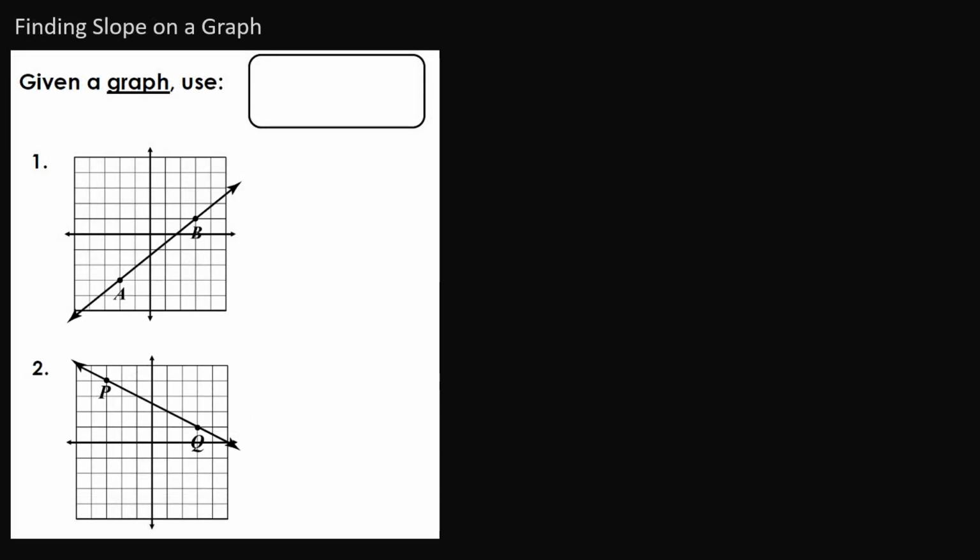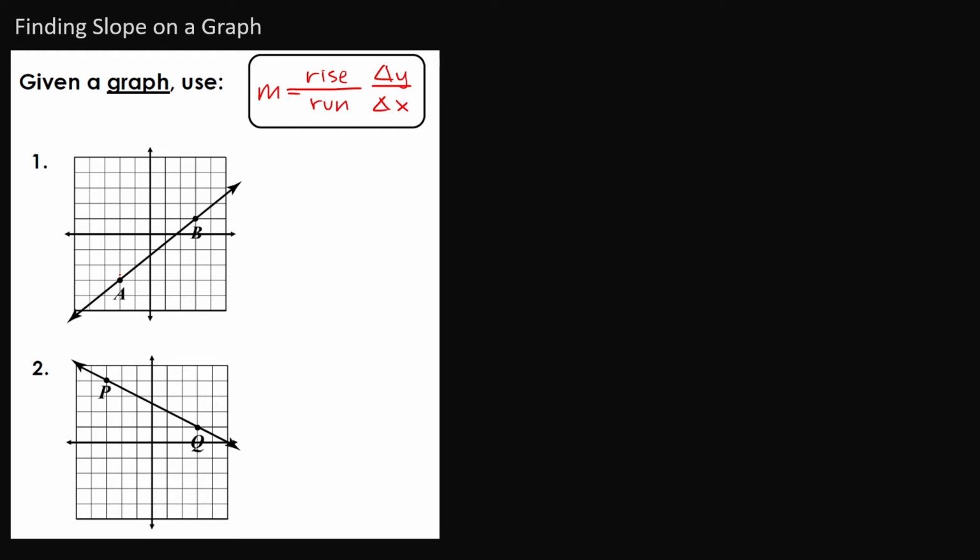So let's talk about finding slope on a graph. If we are given a graph, the method we use to find slope would be rise over run. So m equals rise over run, change in y over change in x. In the first problem, we're trying to find the slope of line AB. To find slope, we are looking at the change up and down first.